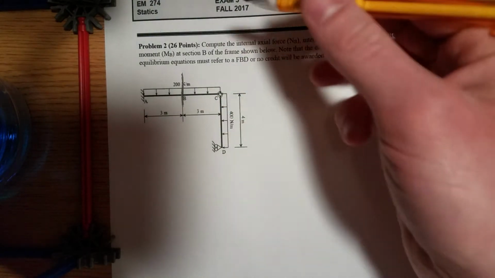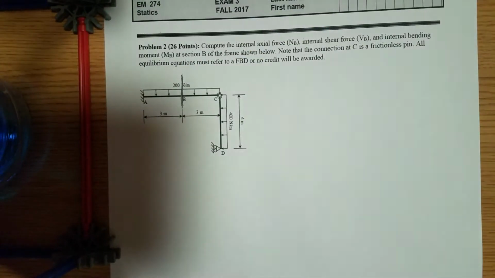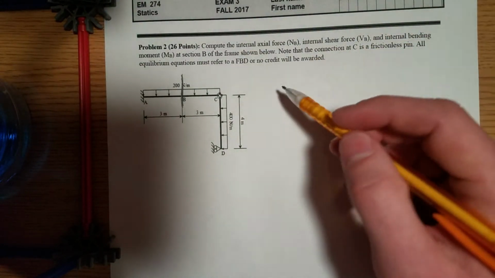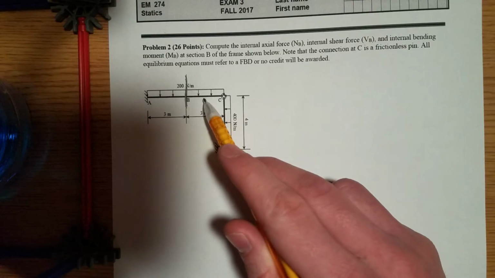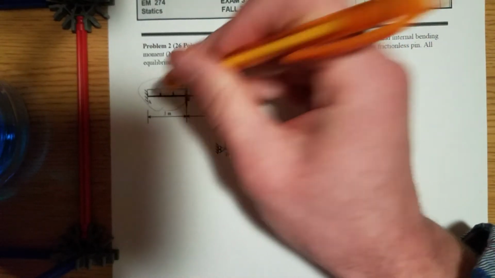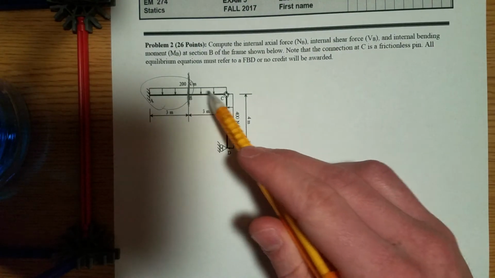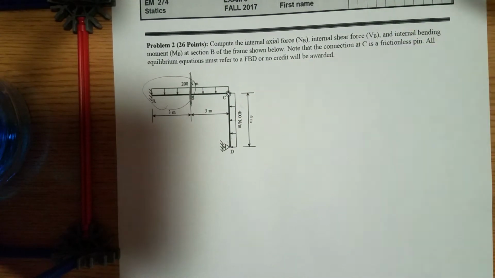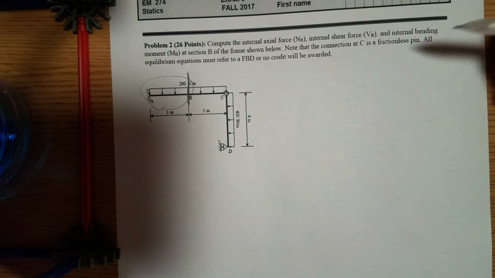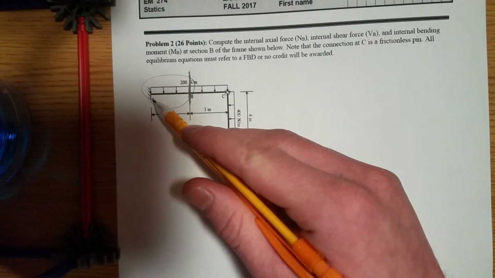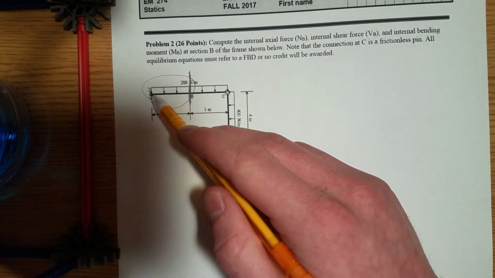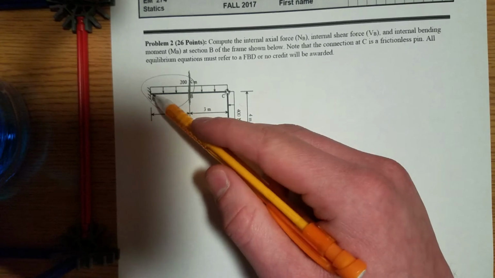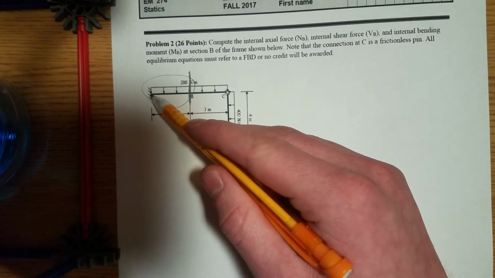So we need to decide which side we're going to use. Well, looking at this free body diagram, I'm going to say that this side is going to be easier to solve for because the other side has a hinge and a pin. It's just a whole bunch of unknowns that I don't really care to do right now. So I'm going to use this left side here because all we have are the things at A. Now A is a fixed support, as you can tell by how it's drawn.